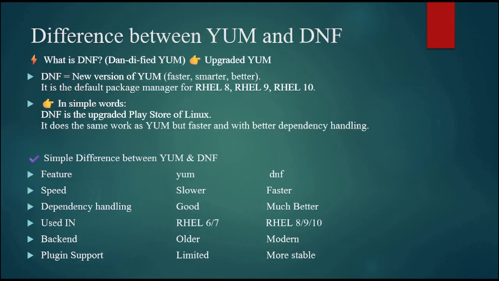Yum is used in RHEL 6 and 7, while DNF is used in RHEL 8, 9 and 10. The backend of yum is older and the backend of DNF is modern. The plugin support of yum is limited and the plugin support of DNF is more stable. These are the differences between yum and DNF.